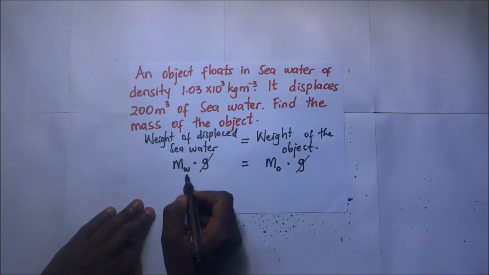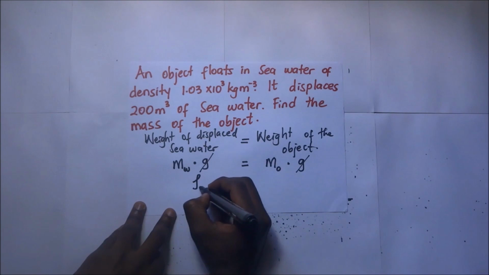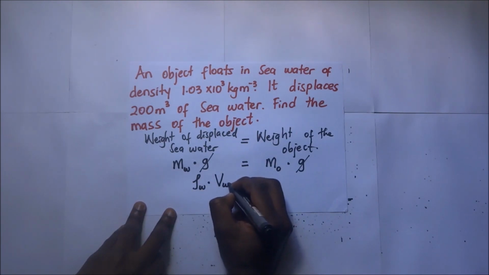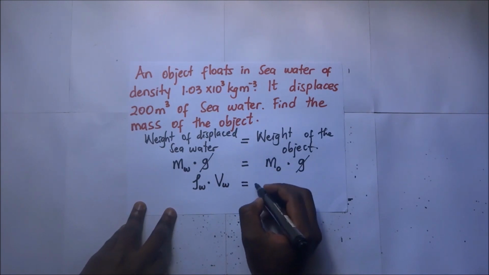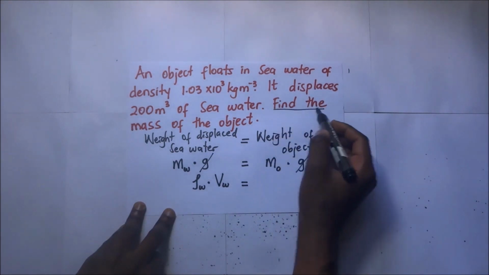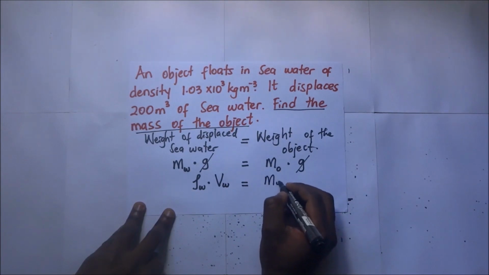We have the mass of the water. Of course, mass of water is given by density of water multiplied by the volume of that displaced water, and that is going to be equal to the mass of the object. The question wants us to find the mass of the object. So this is what we want, the mass of the object.